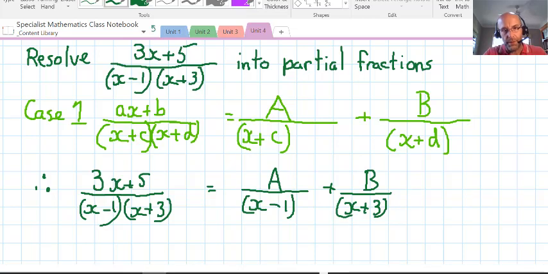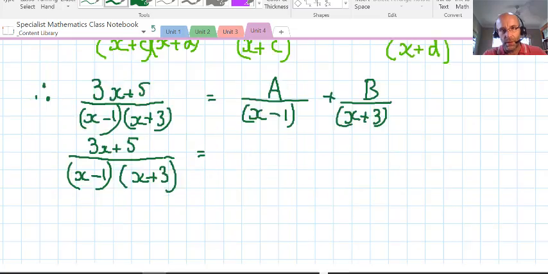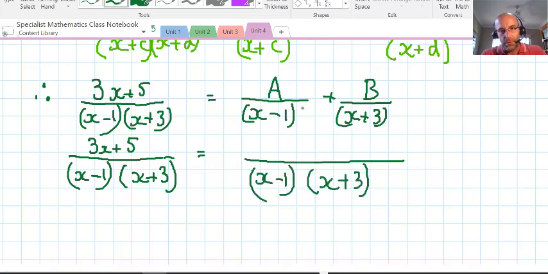Now, in order for us to have equal denominators, or equate the denominators, they need to be the same. That way we can just concentrate on the numerators. So what I mean by that is we'd like (x - 1)(x + 3) on both sides. So what that would mean is that we have A on the numerator, but it has to be multiplied by x + 3.